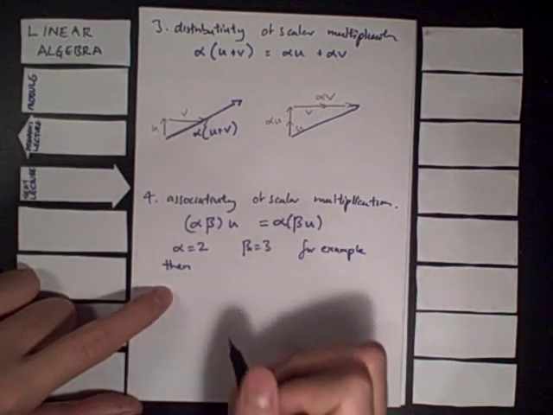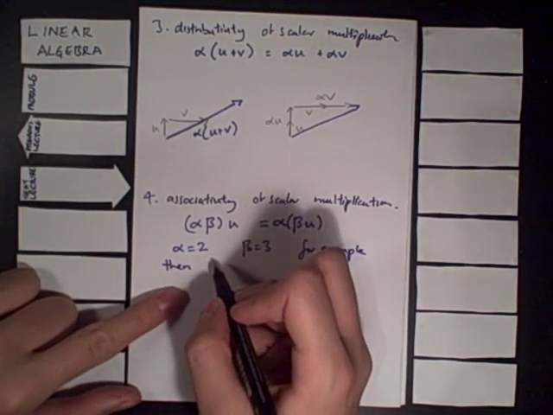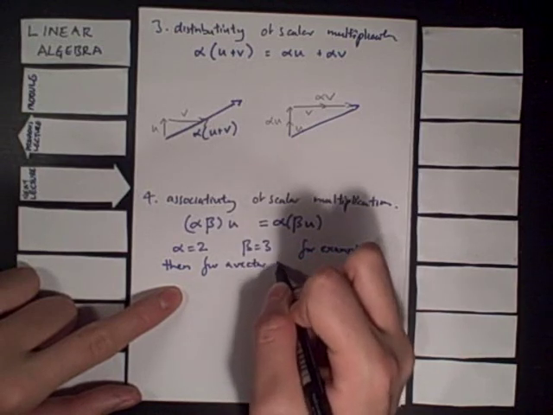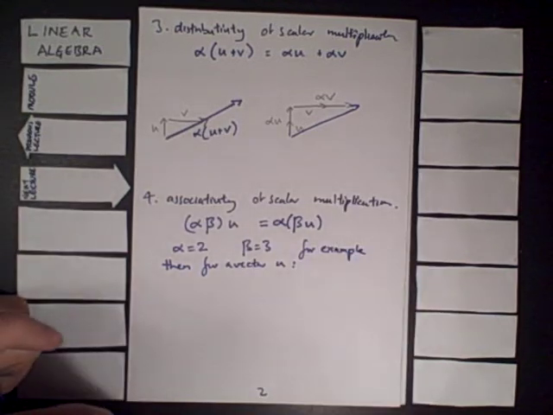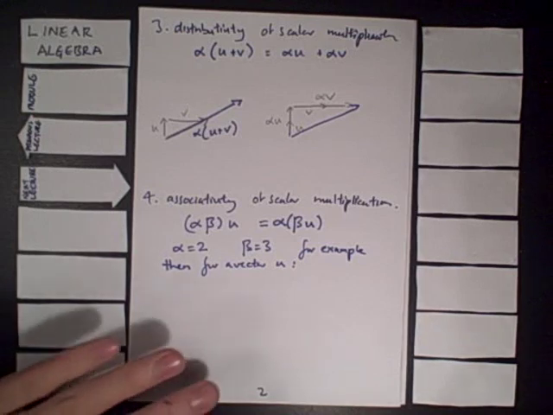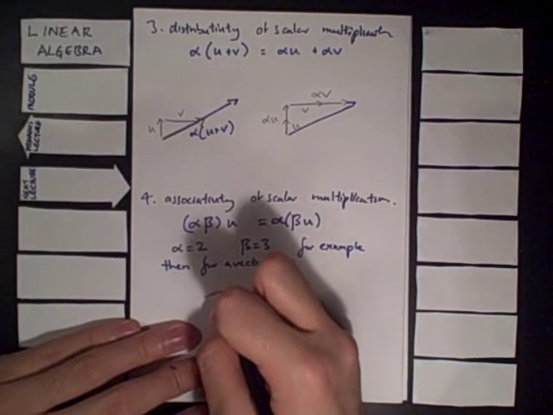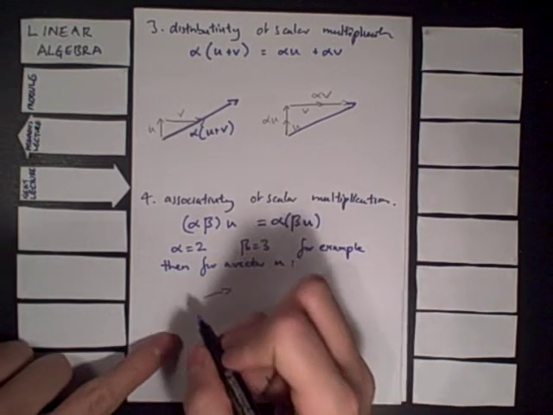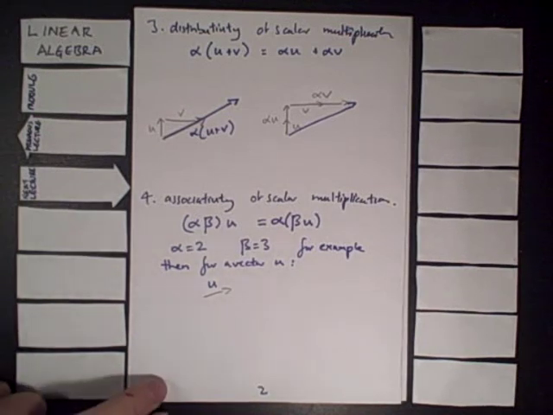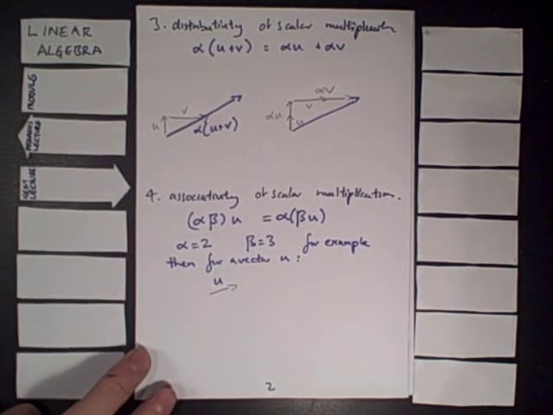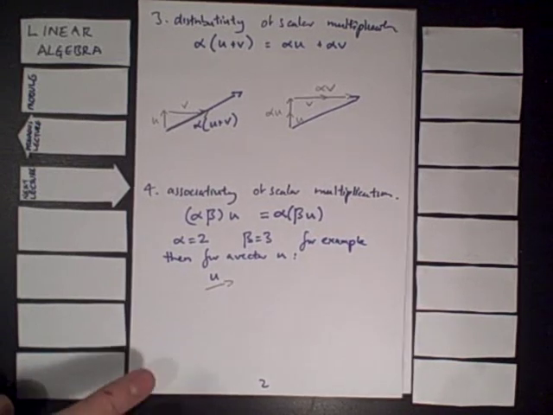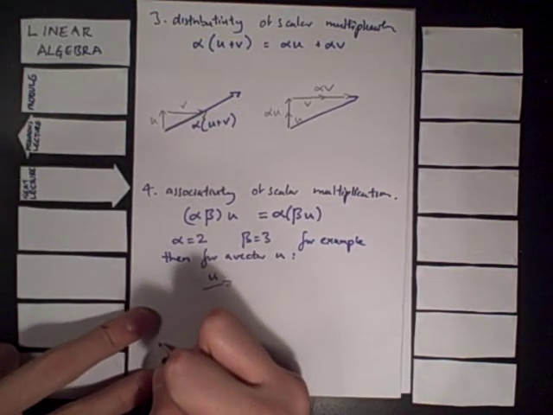Then for a vector u that looks like this, alpha beta u looks like this.